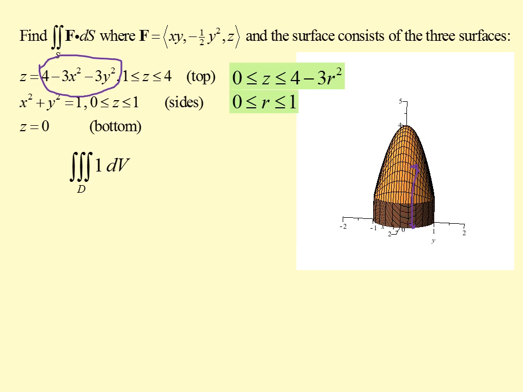And the r, since it's a circle with a radius of 1, will be going from 0 to 1. Then we want to go all the way around to get the entire figure. So here would be the integral that we would need to evaluate. I think that would indeed be better than evaluating three different surface integrals.